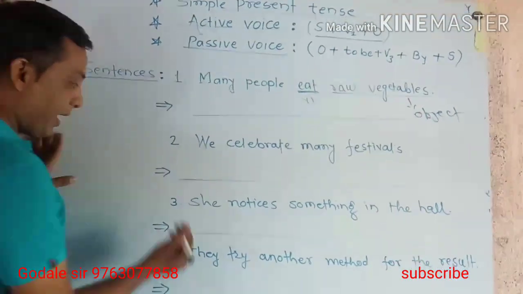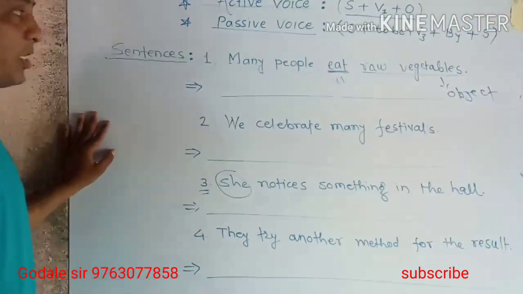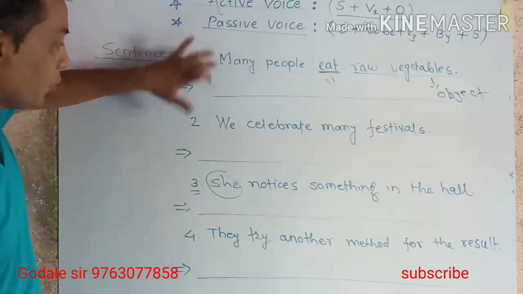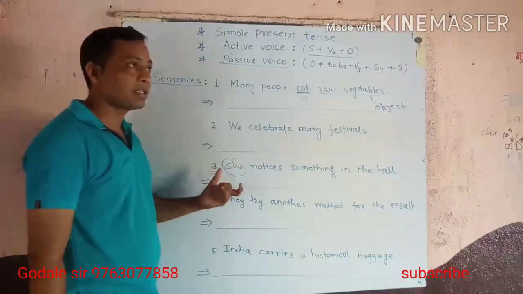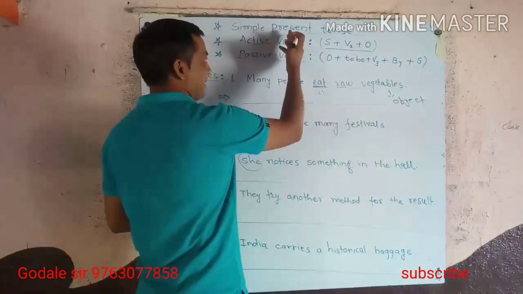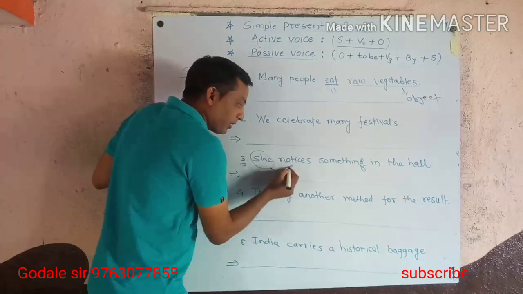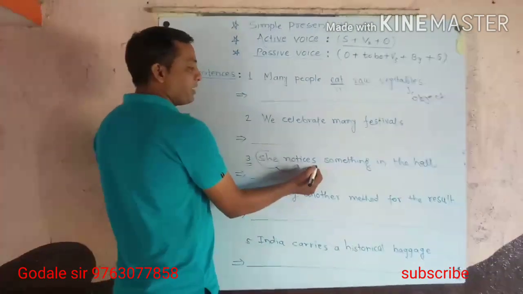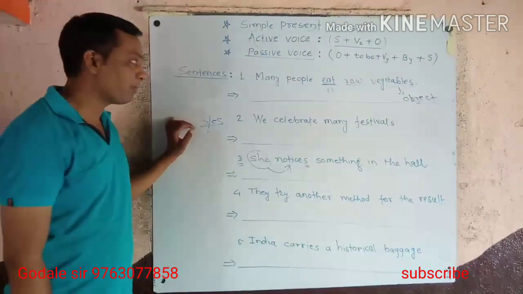Again, look at the third sentence. Which is the subject here? The subject is she. Look at the difference between the two subjects here. She is a third person pronoun. So it is the rule of simple present tense that when the subject is a singular third person, there should be s or es on the main verb in the simple present tense.